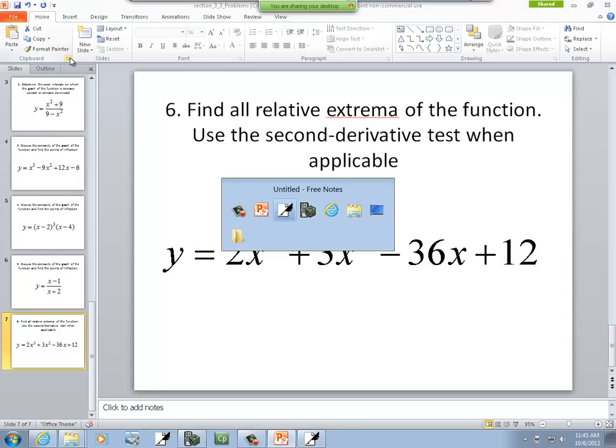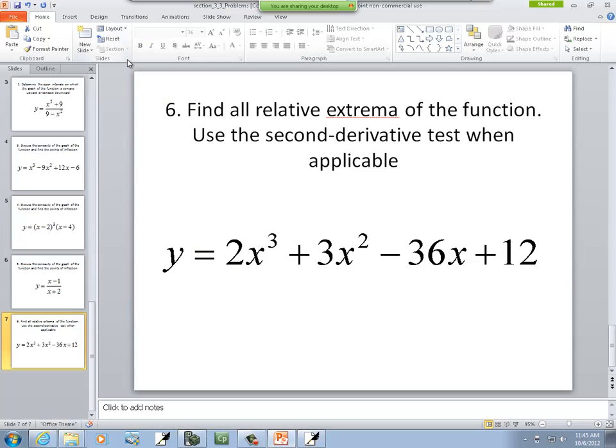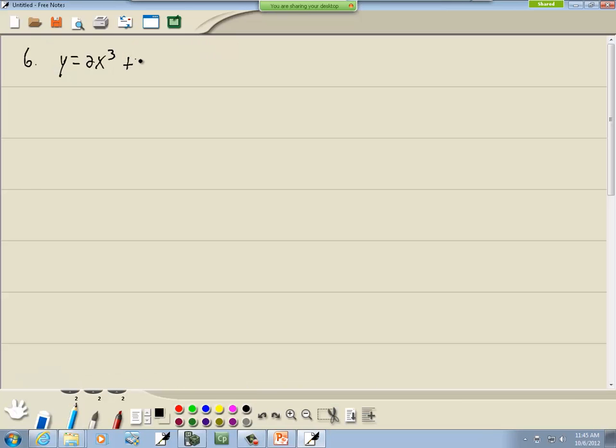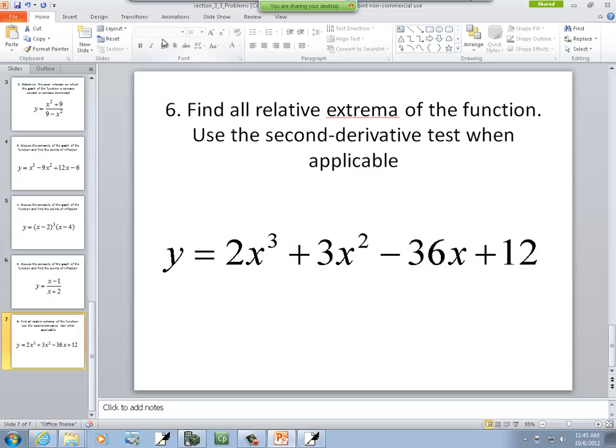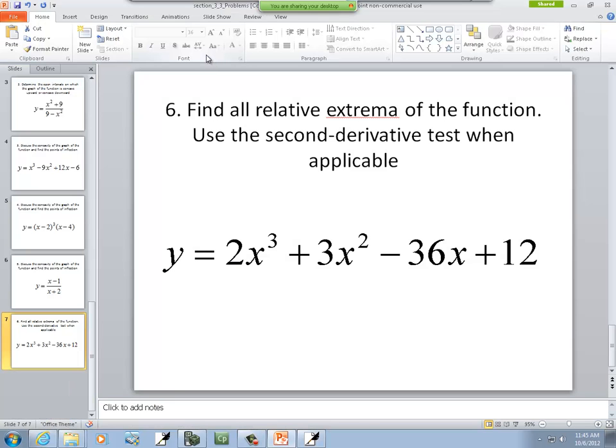So we got y equals 2x to the third plus 3x squared minus 36x plus 12.